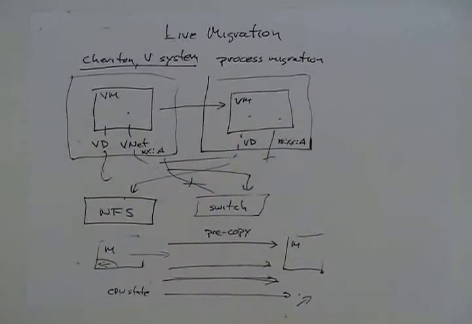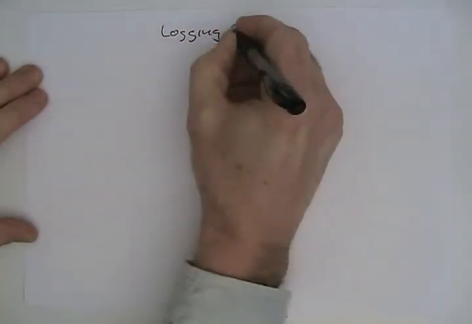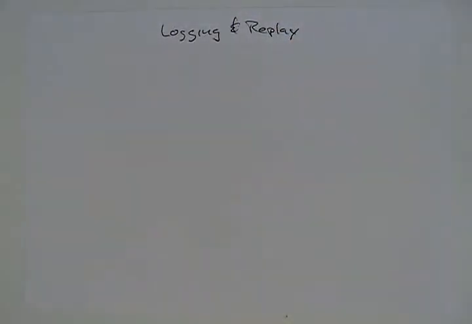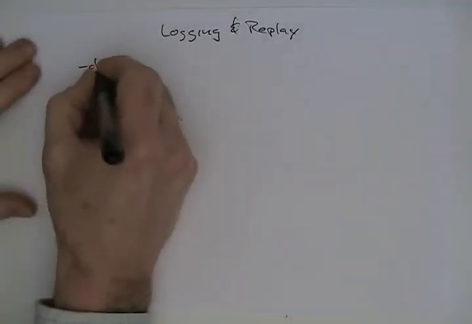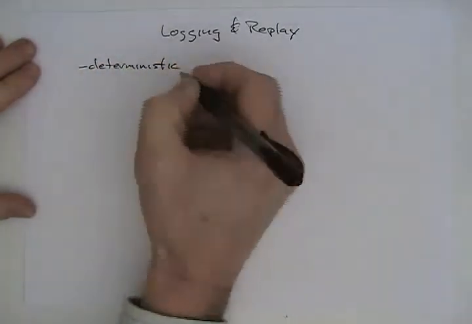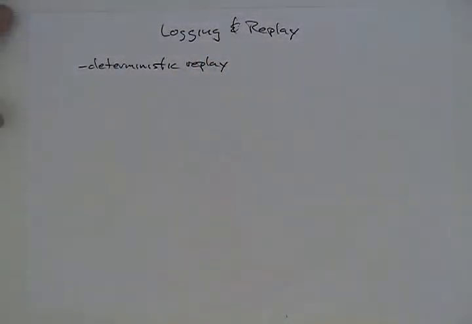The next thing we'll talk about is logging and replay. One of the more interesting things that a virtual machine lets you do is have deterministic replay of machine execution.